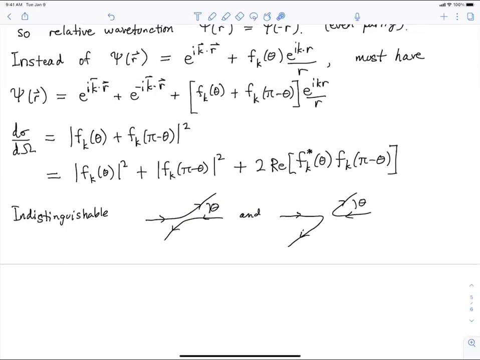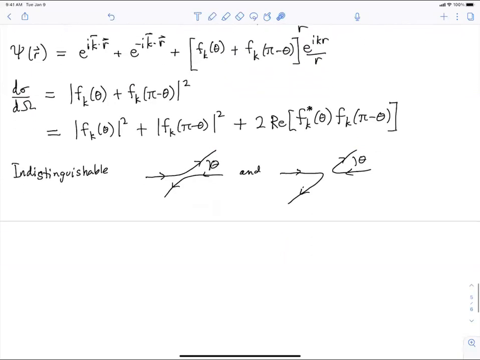And if I'm at a detector far away, all I know is I see a particle there, and I see a particle there, and the same thing over here. So those are equally likely amplitudes for this process. And so I have to add them together in order to get the answer and then square it.